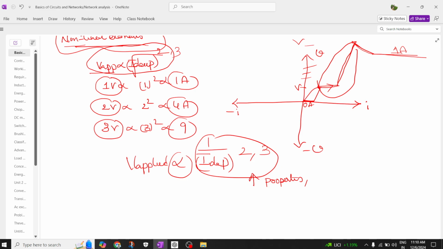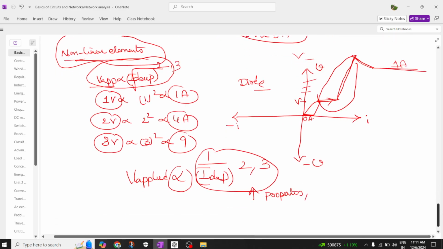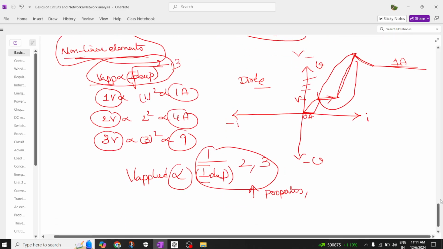So the relation is not linear. That's why these are called non-linear elements. The examples are all the electronic devices, including diode. So this is how to understand linear elements and non-linear elements.